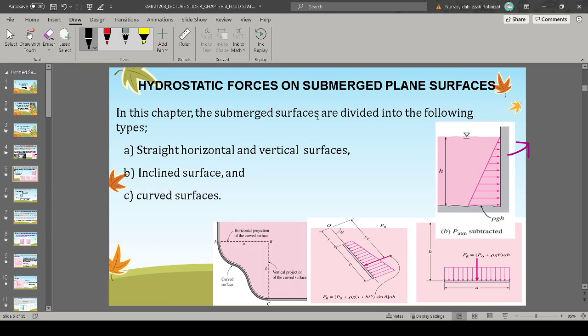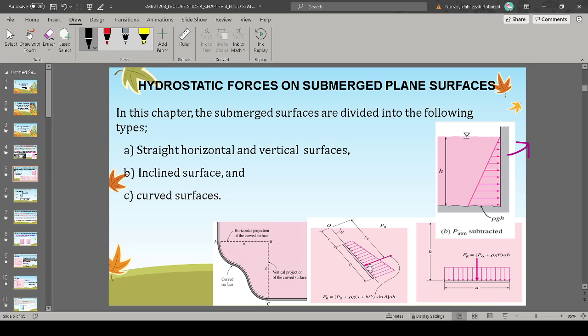For plane surfaces, when we want to calculate hydrostatic pressure, we have vertical ones, where we have this increasing load as you go down the height, and we have a flat or horizontal surface, or an inclined surface.